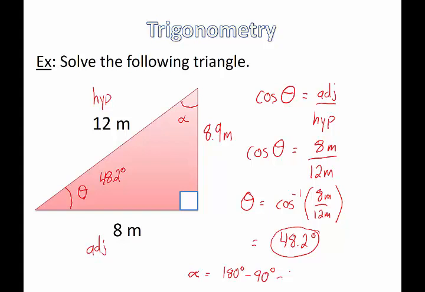The other corner is what we've just found, 48.2 degrees. If we subtract all of those from 180, we get 41.8 degrees. This is our third angle. That now allows us to have our triangle solved, because we found every angle and every side.